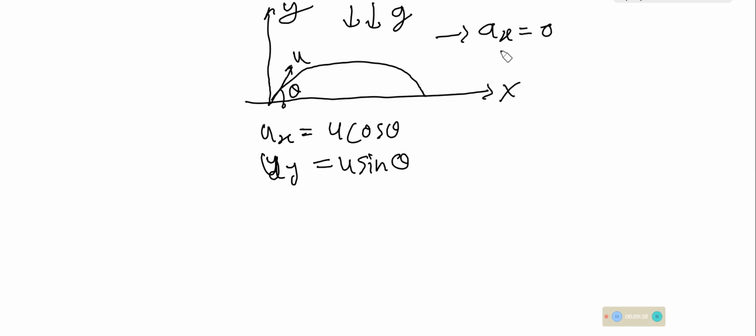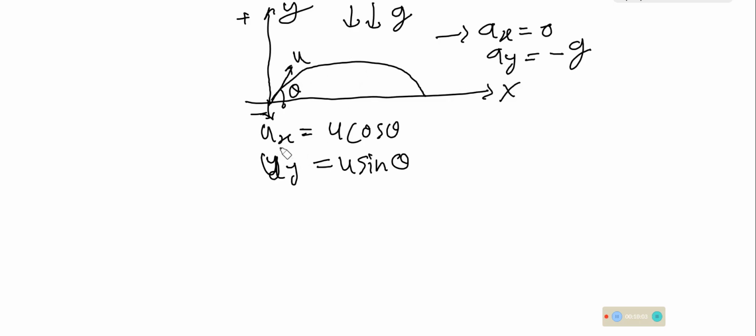The only acceleration is in the y direction, minus g, because gravity is downward. This is the positive direction of y and this is the negative direction of y, so ay is equal to minus g.